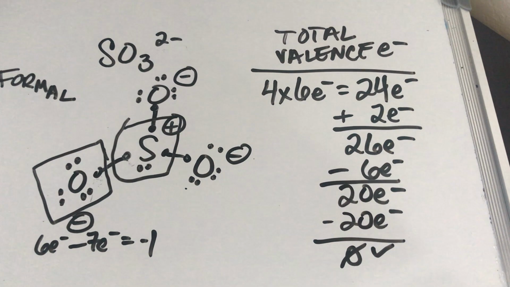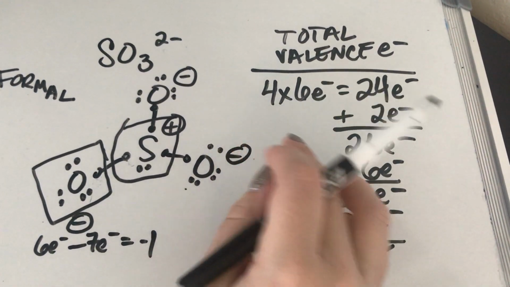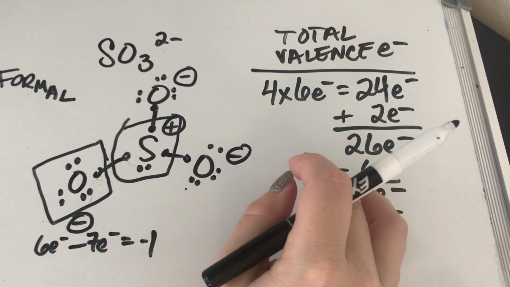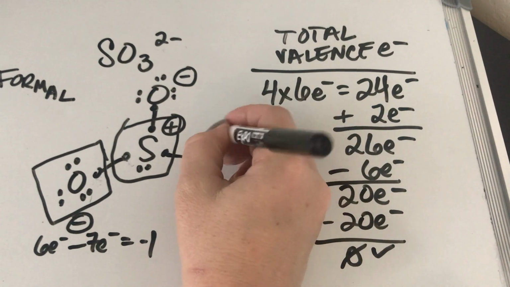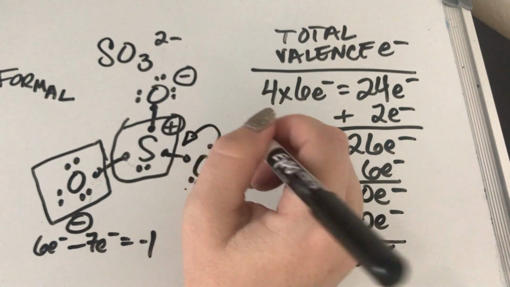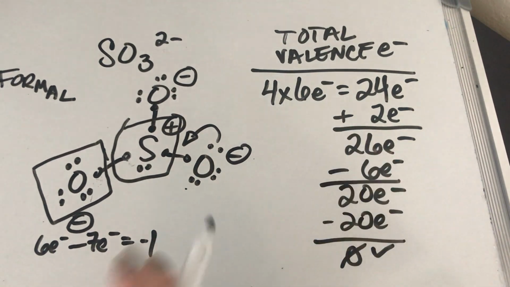Yes, absolutely, right? So, how would we lessen the charges? What could we do? You want to add a double bond to one of the oxygens. Right, so we're going to take one of these lone pairs on the oxygens, doesn't matter which one we do, and we want to put it into a double bond.